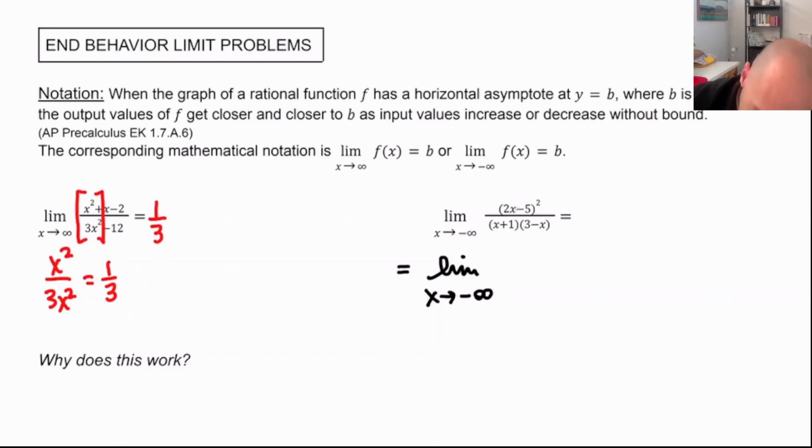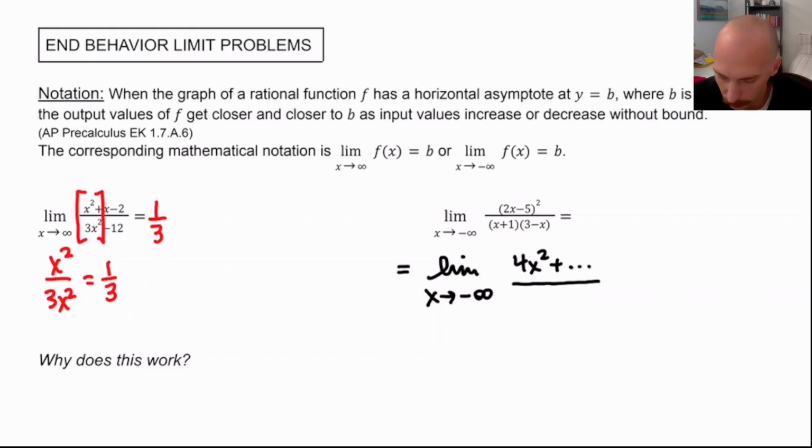So if I was to square 2x minus 5, I'd have 4x squared plus some other stuff. So I'm just going to write that out: 4x squared plus some other stuff, divided by, now if I multiply x plus 1 times 3 minus x, I would have negative x squared and other terms.